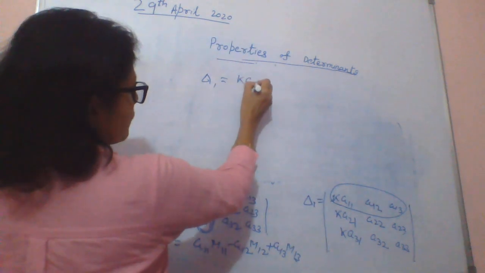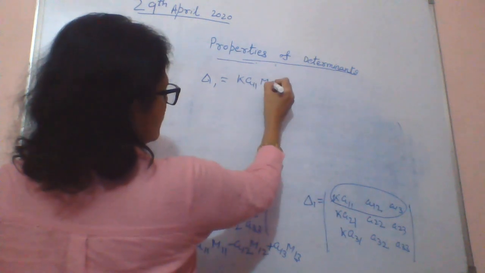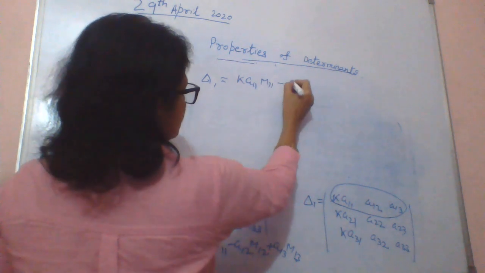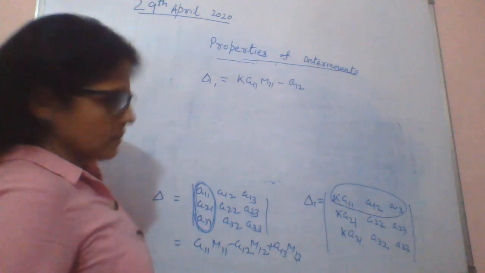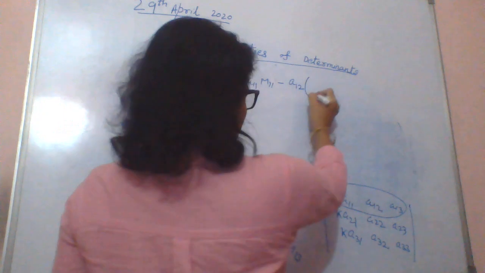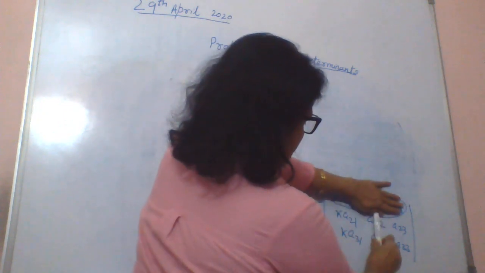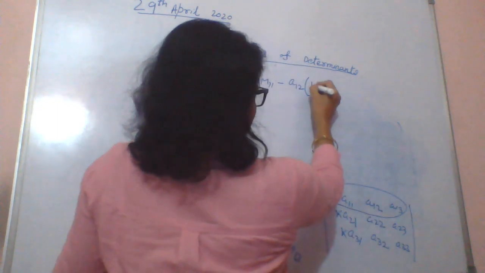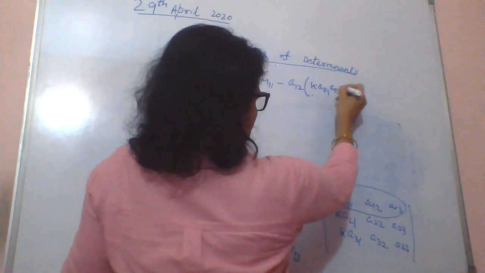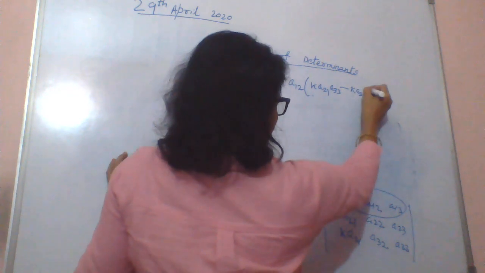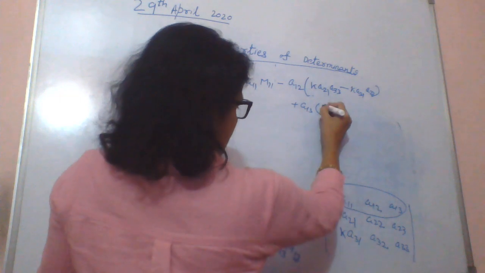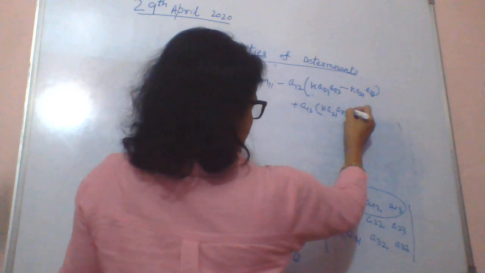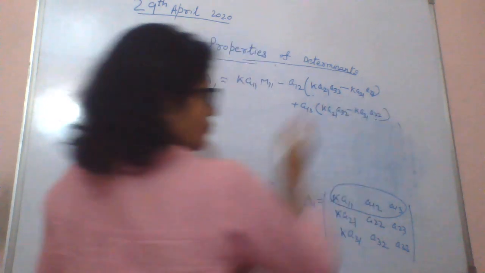So delta 1 evaluation: KA11 into M11 minus A12, and whenever I write A12 here, I have to take K into this, I mean KA21 into A33 minus KA31 into A23, plus A13, so here KA21 A32 minus KA31 A22. So knowingly I have taken it like this.